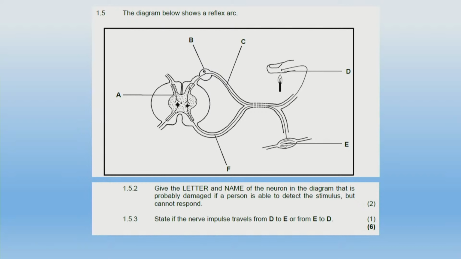And then 1.5.3, state if the nerve impulse travels from D to E or from E to D. Let us go back again to the diagram.